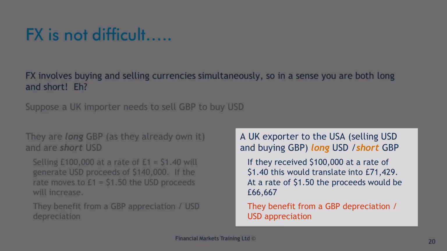If they were to receive $100,000 at a rate of 1.40, this would translate into 71,429. But if the dollar price of a unit of sterling increased to $1.50, this would result in reduced proceeds of 66,667. This confirms that being short an asset when the price increases will result in a loss.